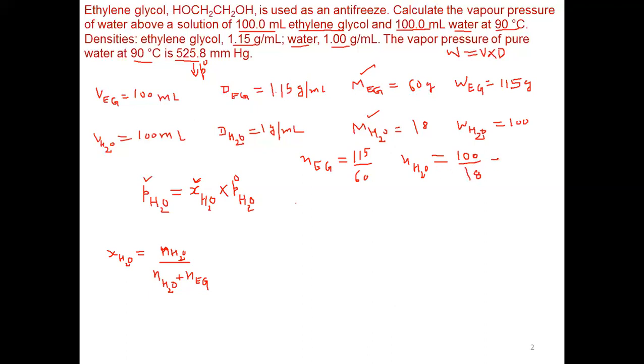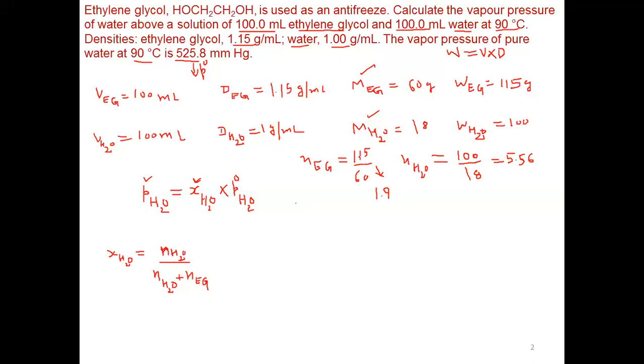If we solve it, it comes out to be 5.555, so we can write 5.56. For ethylene glycol, we can write 11.5 by 6, which is approximately 1.9.